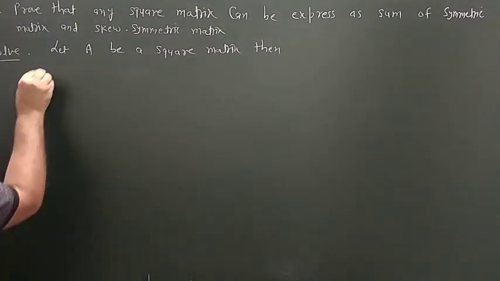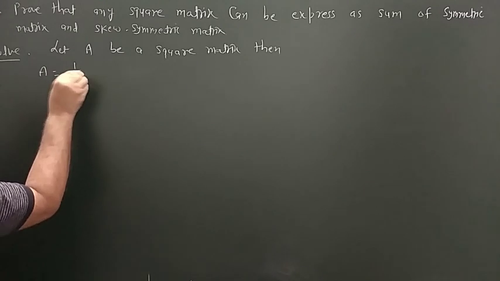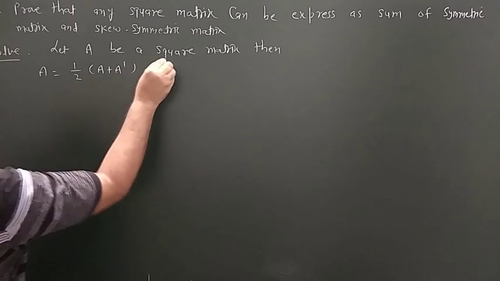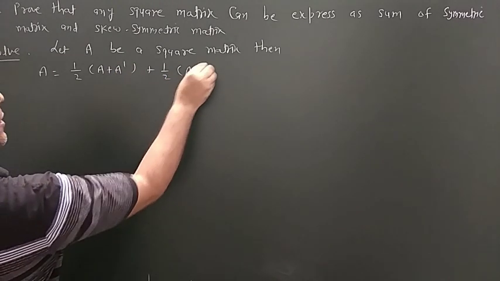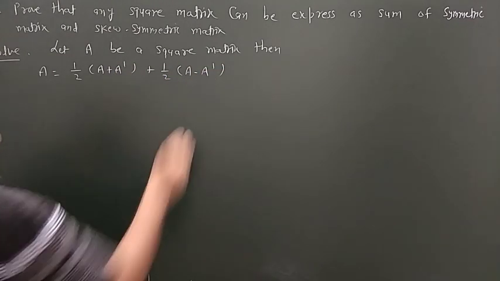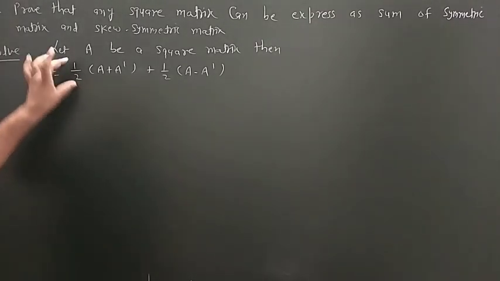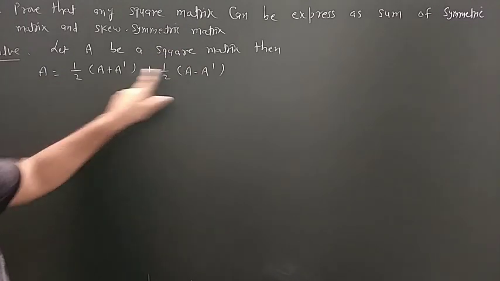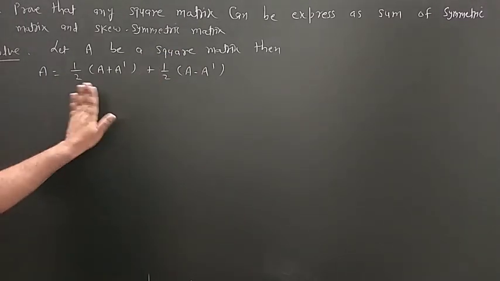Then A can be written as 1 upon 2 A plus A dash plus 1 upon 2 A minus A dash. If we take 1 upon 2 common here, A dash and minus A dash cancel out, so we have again A.